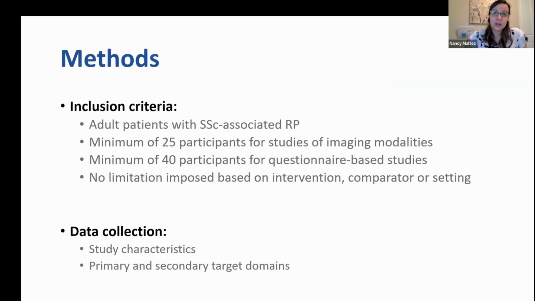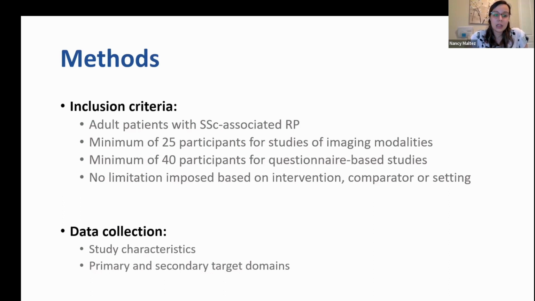We had a broad search strategy that was applied to Embase, Medline, and Cochrane Central Register, which are typical databases. These were used to identify studies pertaining to adult participants with systemic sclerosis-related Raynaud's. We didn't use any limitations in terms of intervention, comparator, or study setting.